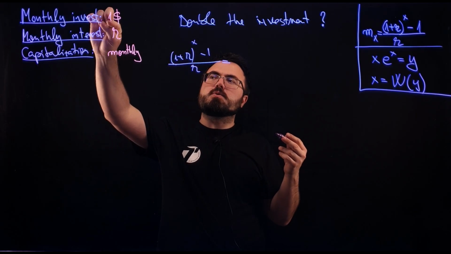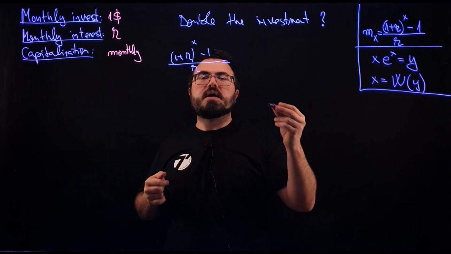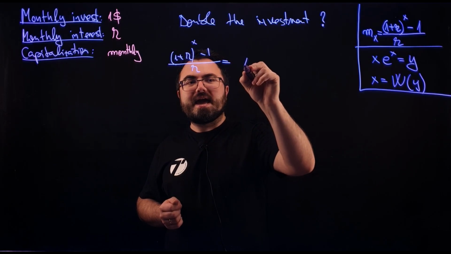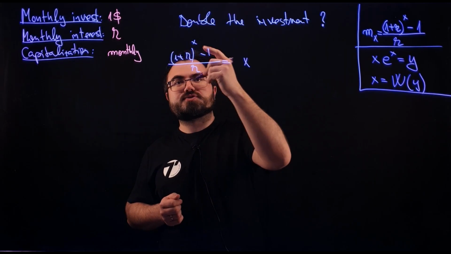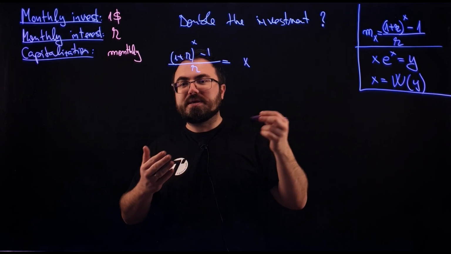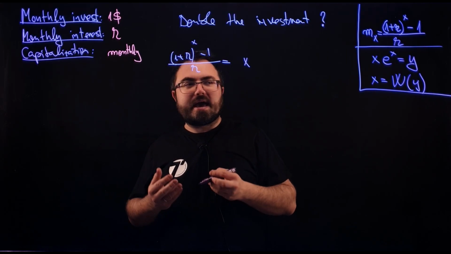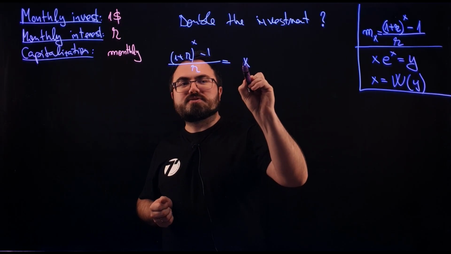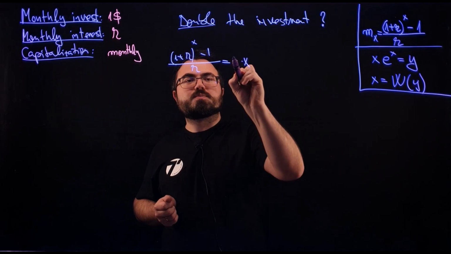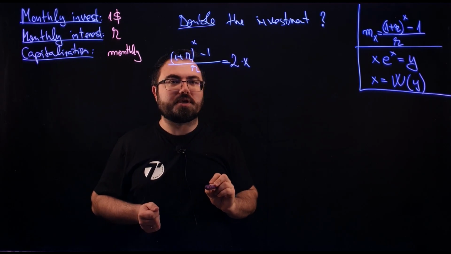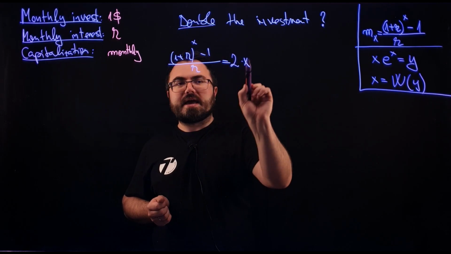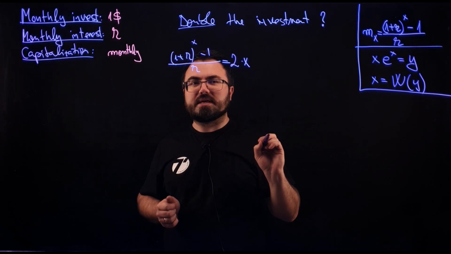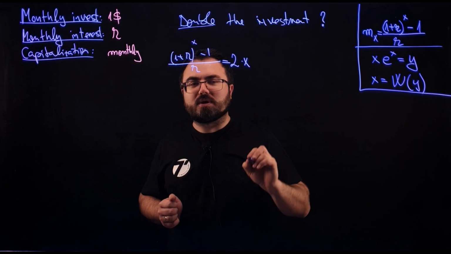Because we invested $1 per month, the total amount invested is actually X, because we have X months of investment, X being the unknown, the one that we want to solve for. But we want to double our investment, so we need to put a 2 here. So we have to solve this equation. This seems a little bit simple in the beginning, but let's see what it has to offer.